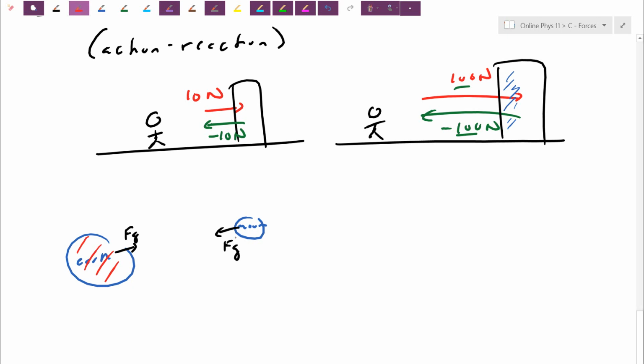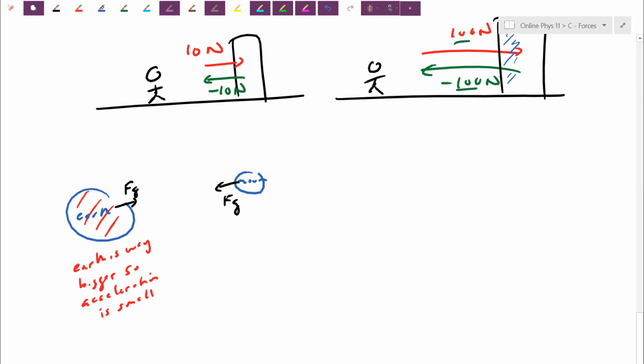Because the Earth is so much more massive than the Moon, the Earth is way bigger, so the acceleration is small. So how come we only see the Moon is in orbit, the Moon revolves around the Earth, and not the Earth around the Moon?